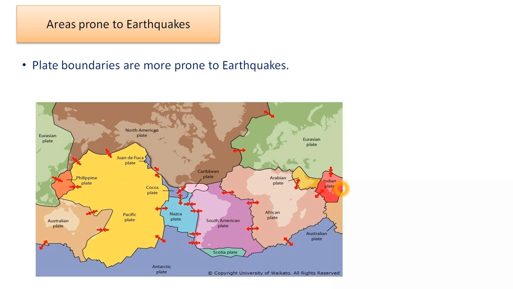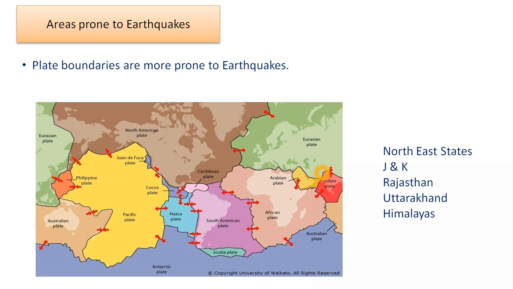If you look at the Indian plate, let's look at India. Here is the Indian plate and the Eurasian plate, and this is the plate boundary here, right? Now which are the places that are located near the plate boundary? It's here, like J&K, and here Himalayas, and here the north portion, right?